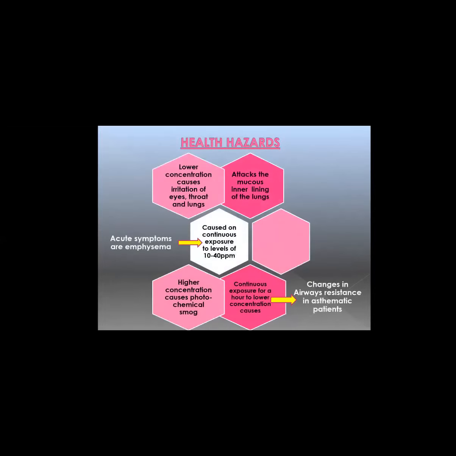We now go into health hazards. Here we have the various health hazards. The lower concentration of exposure results in irritation of the eyes, throat, as well as lungs. It does attack the mucous inner lining of the lungs.